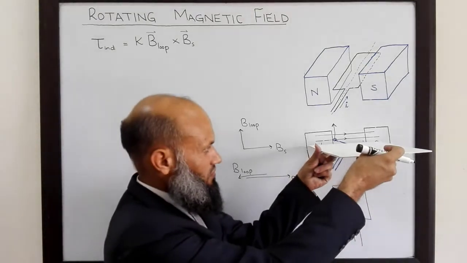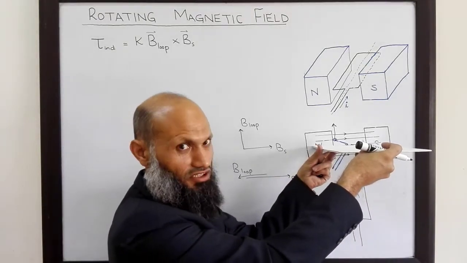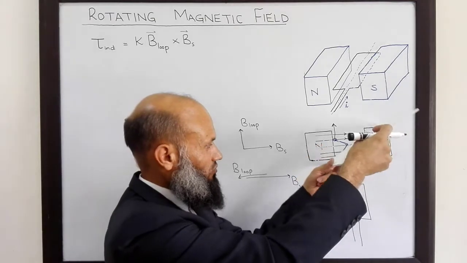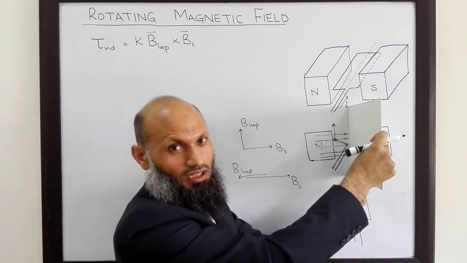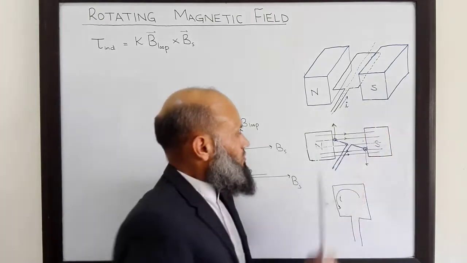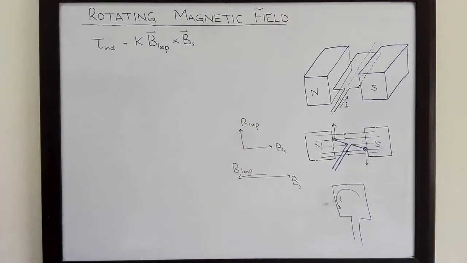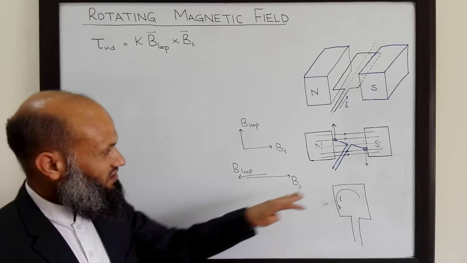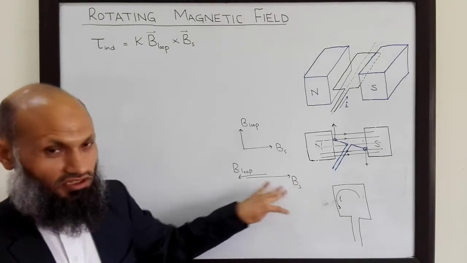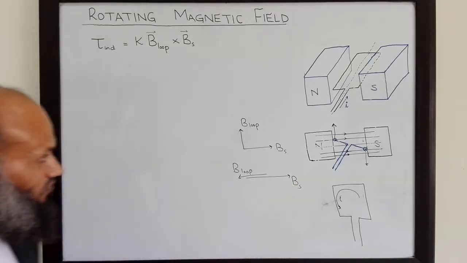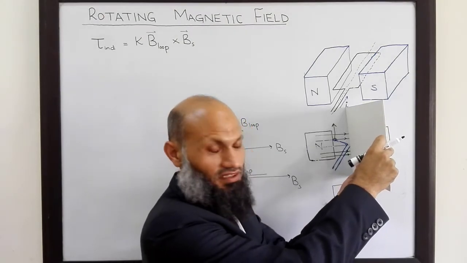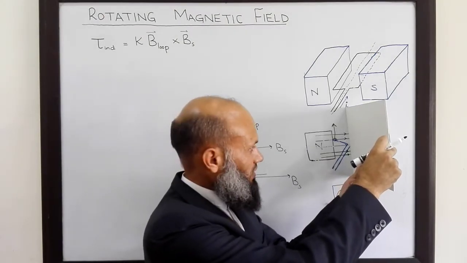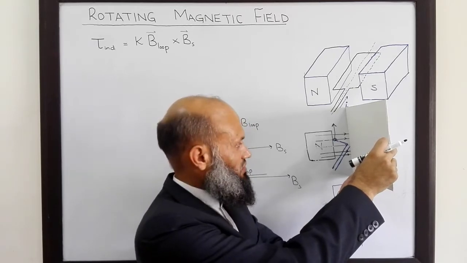If the coil is like this, induced torque will be maximum. If the coil gets rotated to this position, induced torque will become zero. So the induced torque is such that it tends to align both the magnetic fields.